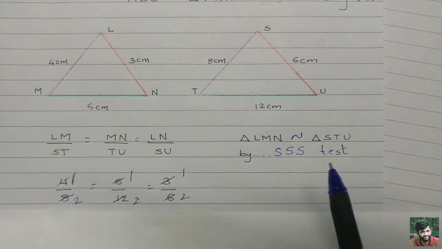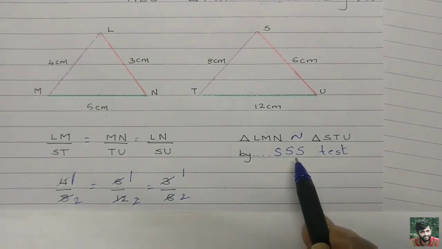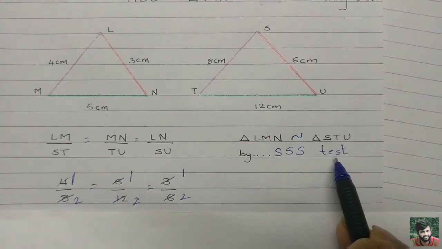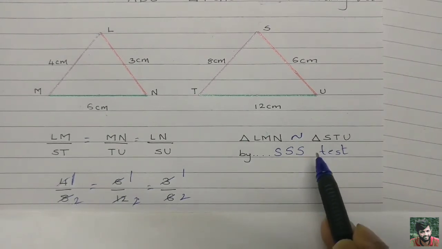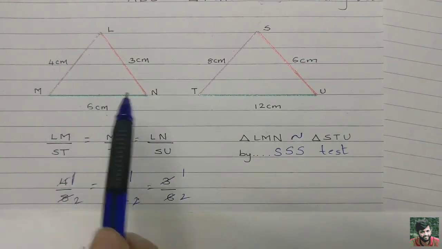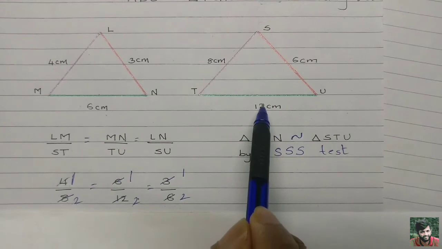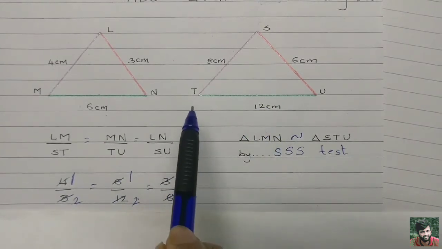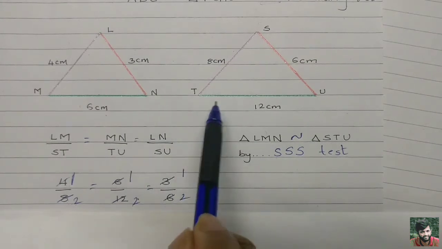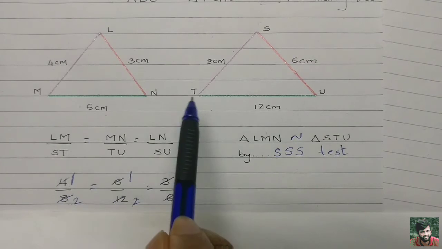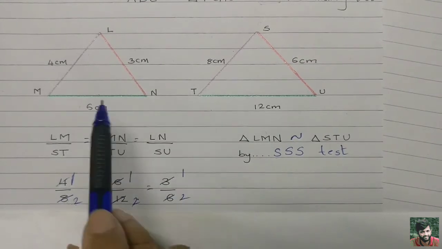Okay, keep in mind that in the 9th standard, when you studied the SSS test, it was a congruency test. That means we were saying that this side of one triangle is equal to this side of another triangle. Here we are not talking about equality of the sides. The lengths of the sides need not be equal, but the ratios are equal.